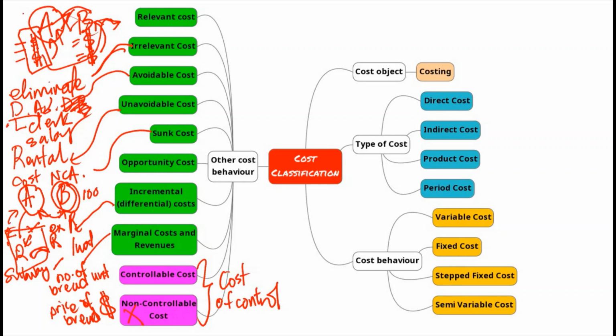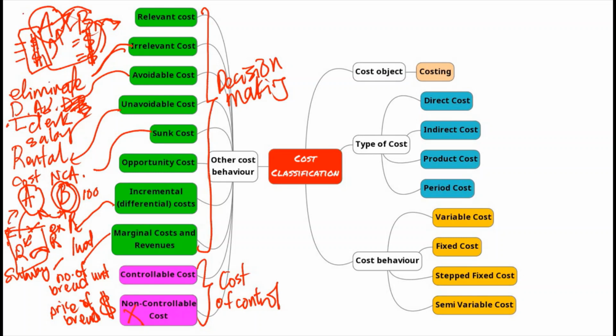Alright, so each of these costs has its own cost objective. For example, whichever we have over here in green color, this is for your decision making. From just now, we've been talking about what will happen if I choose A, if I choose B, what will happen if I eliminate. So that's considered your decision making.